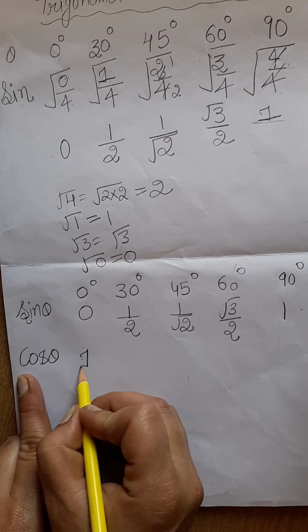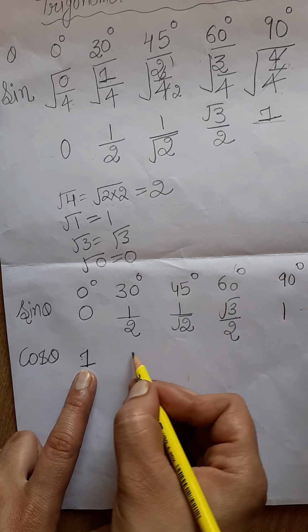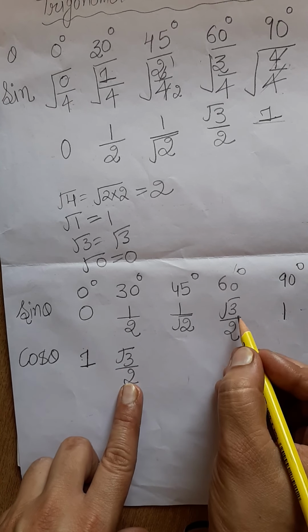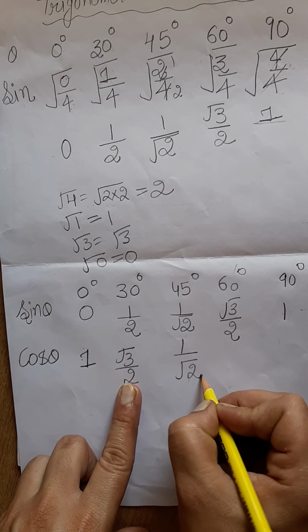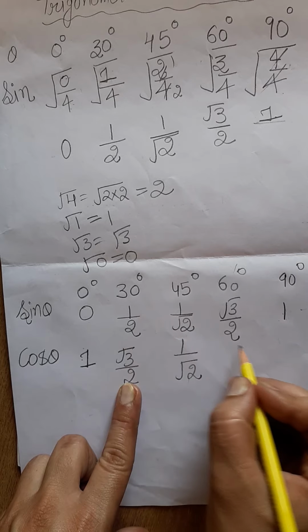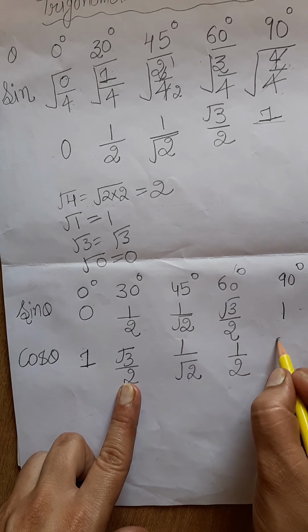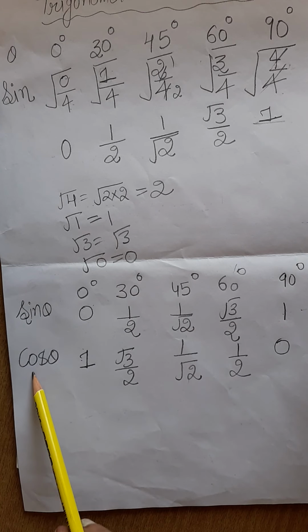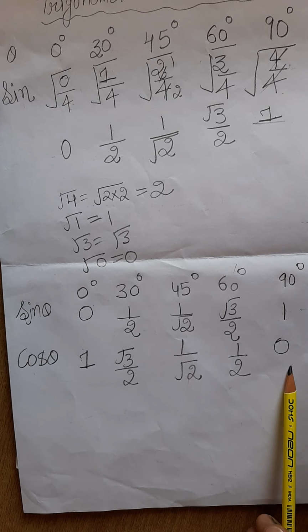After that, root 3 by 2, and after that 1 by root 2, and 1 by 2, and in the last you can write 0. Okay, it means you take the reciprocal order of these digits.